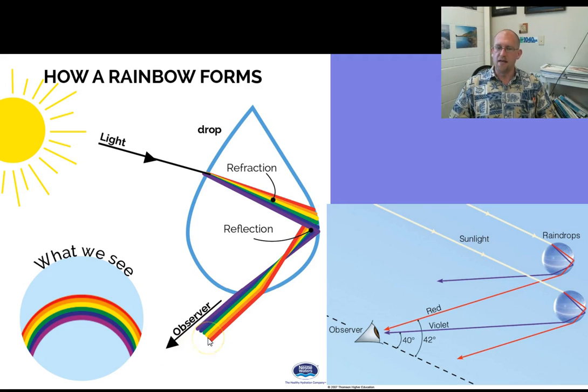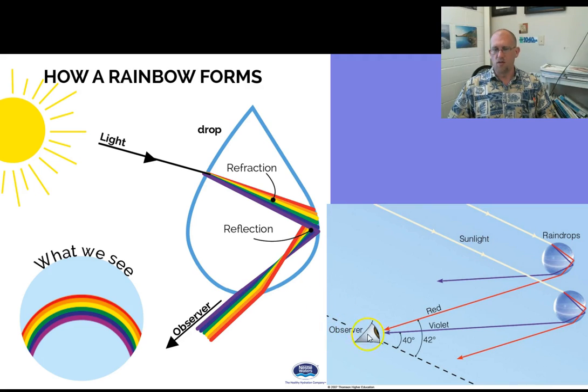But we don't see the purple on top, we see the red on top, because it's the water droplets up here that are shining their red light down at us that we see. And then it's the water droplets down here that are shining their purple light more up to your eye. So you see the rainbow this way, but it's actually leaving the water droplet this way.